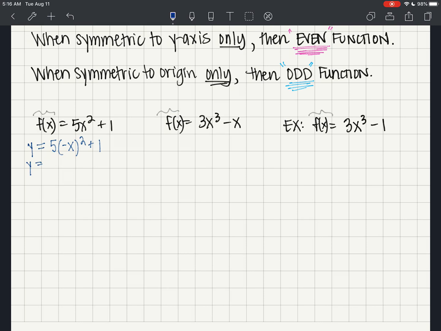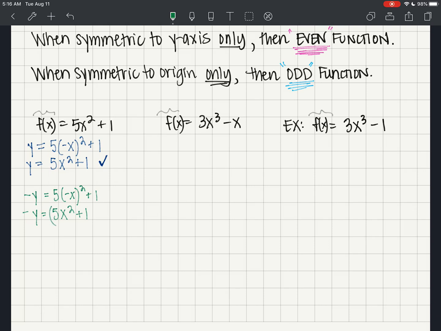Y equals, well, negative x times itself is a positive x squared. So we'll have 5x squared plus 1. That is the original equation. Let me just check to make sure that this does not have symmetry with respect to the origin. With respect to the origin, you're going to put a negative in for both, and I'm going to end up with negative y equals 5x squared plus 1.